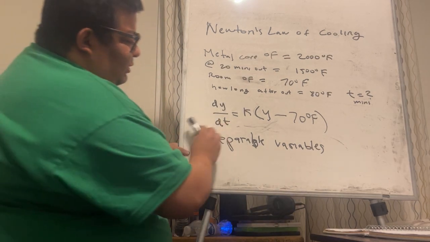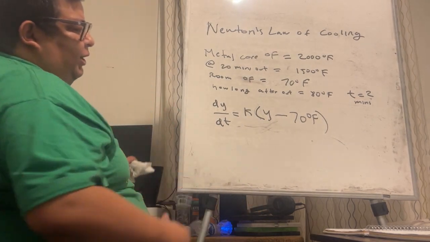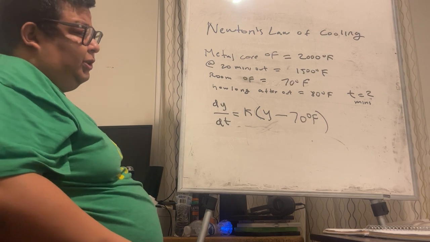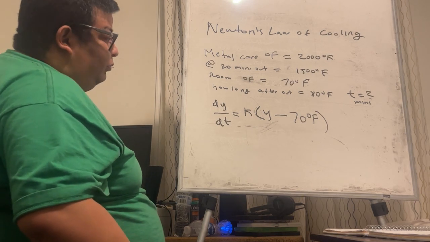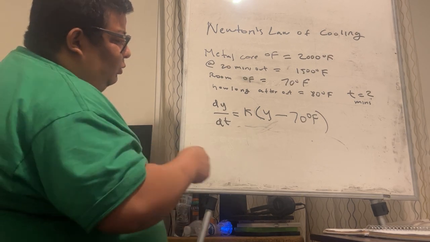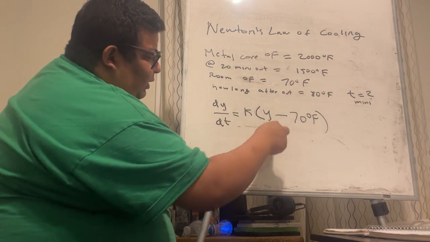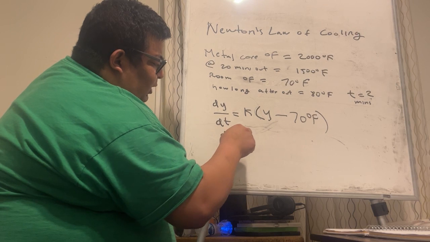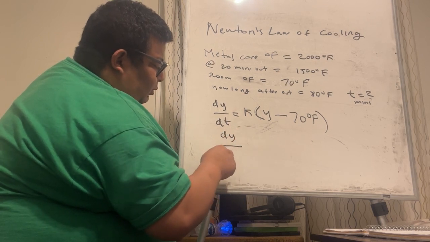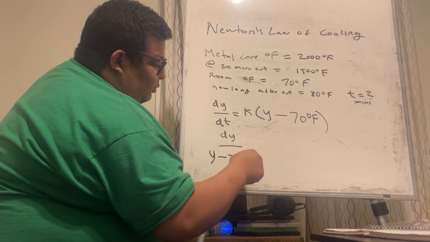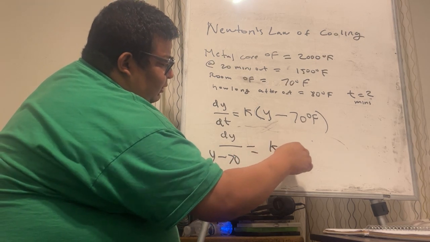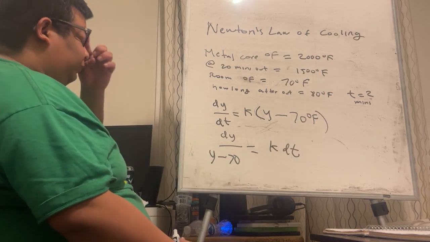What that says is that we need to isolate y and t, one on each side, and then take the integral, the antiderivative. So we divide as follows: dy over y minus 70 equals k dt.